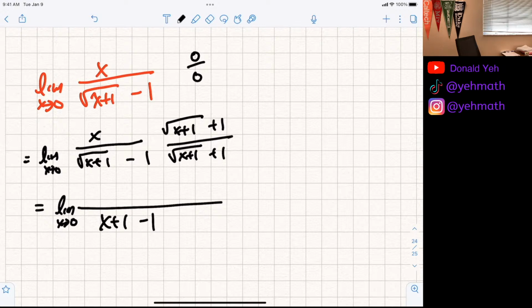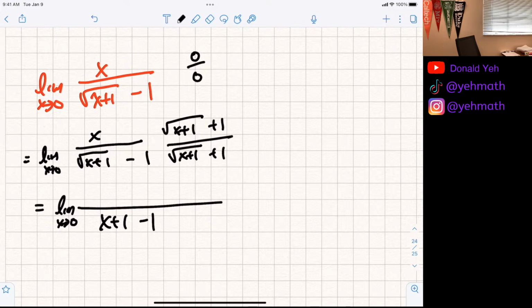Okay, what happened to the top? But don't distribute in.